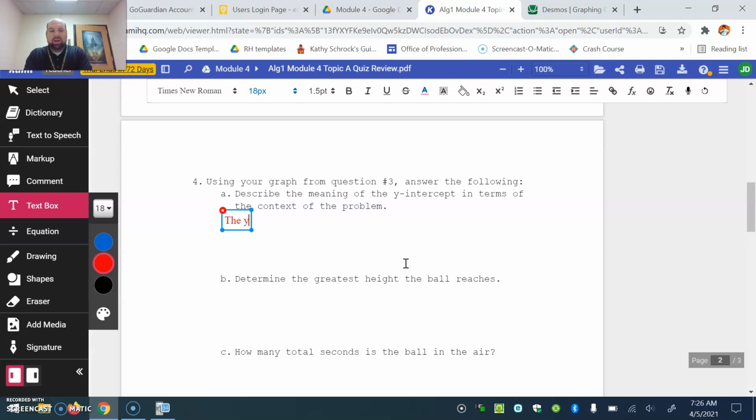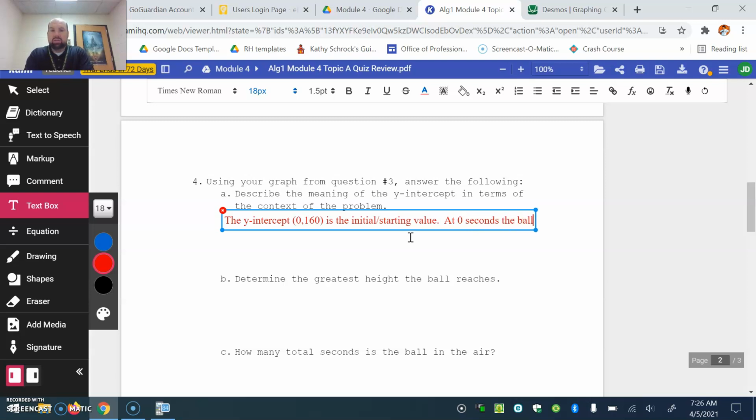The y-intercept, which is (0, 160), is the initial, remember this from before, starting value at 0 seconds.